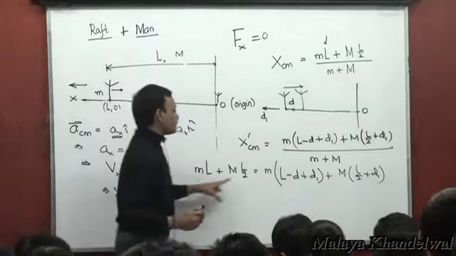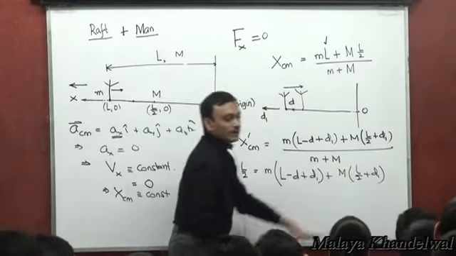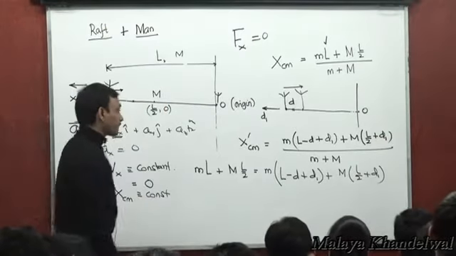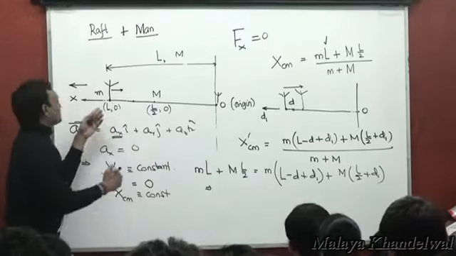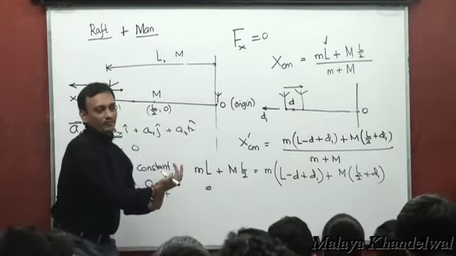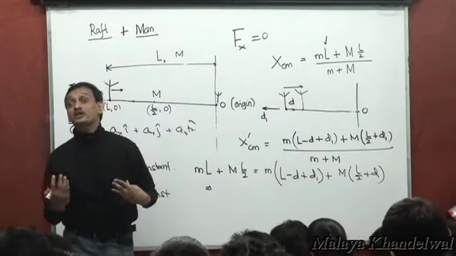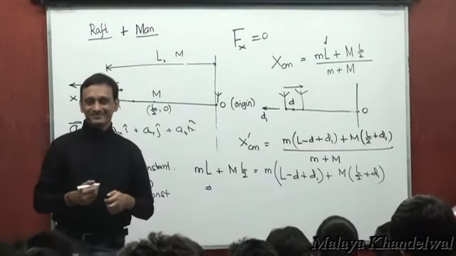Now this mL is going to get cancelled. This capital M into L by 2, this capital M into L by 2 gets cancelled, right? And then this gives us an opportunity to compute d1. The man would tell you that he's walked 2 meters upon the raft with respect to the raft. You would have to compute how much the raft responds because the raft will not tell you, right?